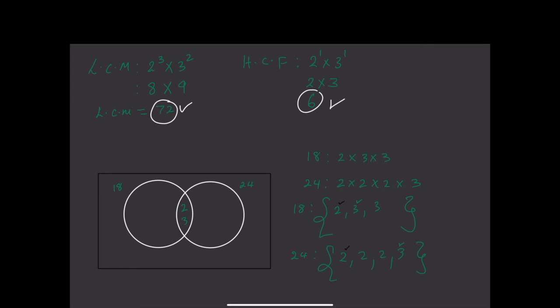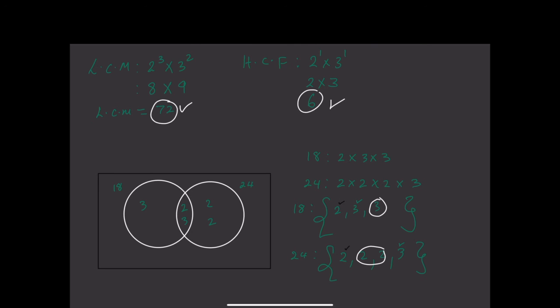Now all we need to do is put the 3 into the set for 18. So we put 3 in here, and we can clearly see that this circle on the left hand side has all the numbers in the set for 18. Now we put these 2 values in the set for 24. So we put 2 and 2.